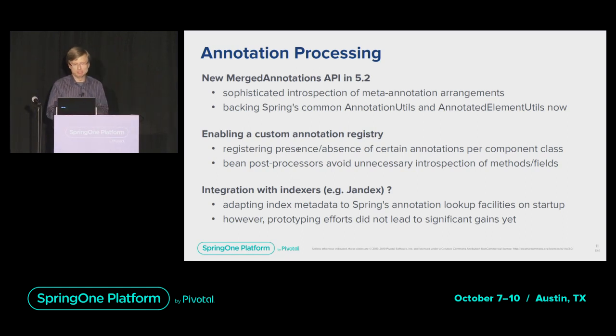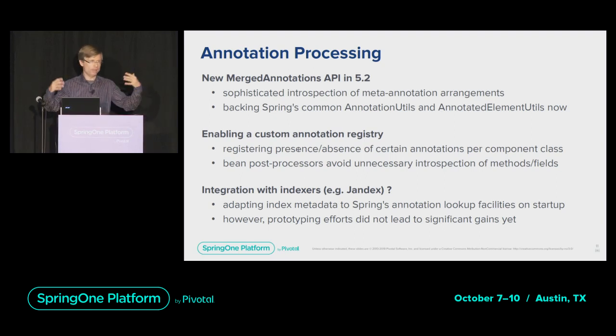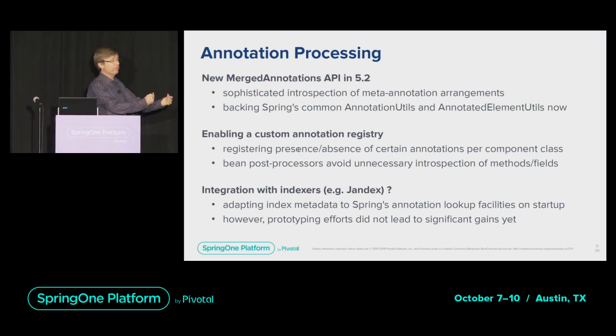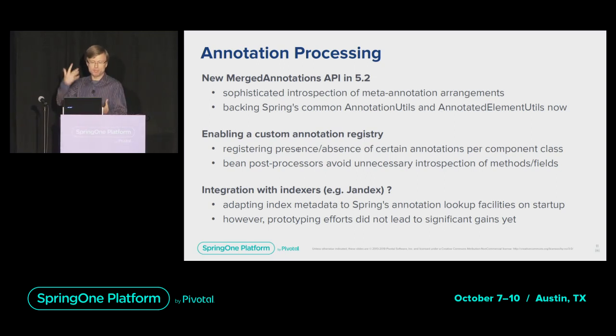So at least that part is already providing benefits to certain callers in 5.2. If you can efficiently express your annotation retrieval needs, for example in a third-party extension to Spring, you can now do so with merged annotations, allowing for some runtime improvements right away, simply through expressing your retrieval needs more expressively and allowing for some optimizations underneath the covers through that.